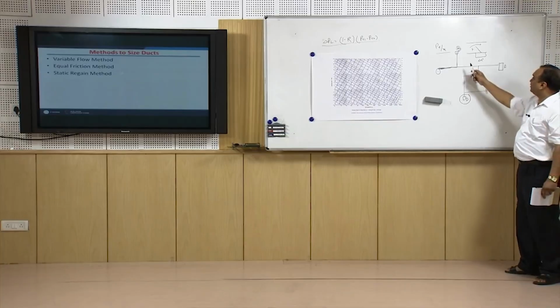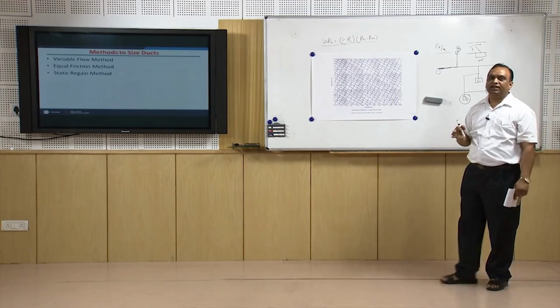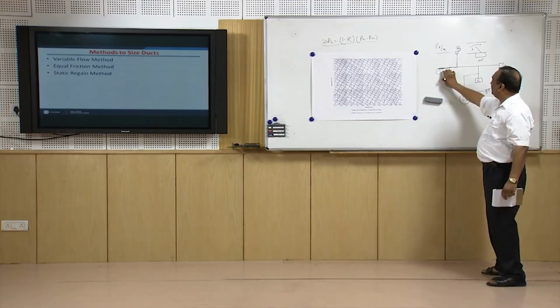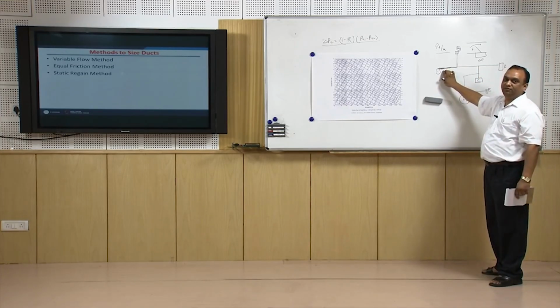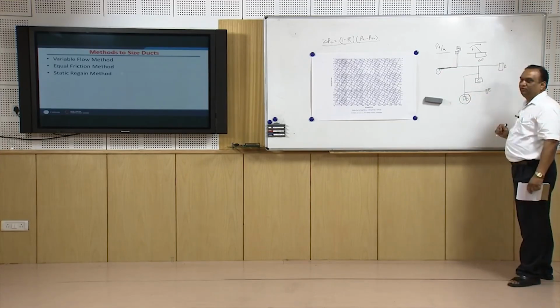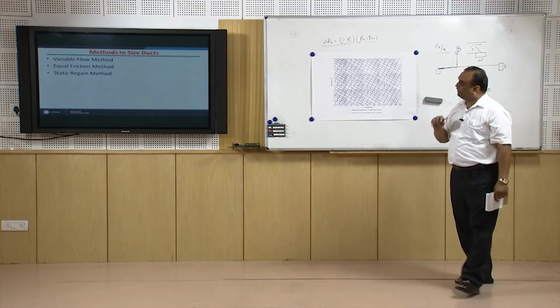This is not a very energy efficient system, because on the one hand we are increasing the pressure with the help of a fan, on the other side we are dissipating the pressure using dampers, but we have no other choice if we want to balance the system.